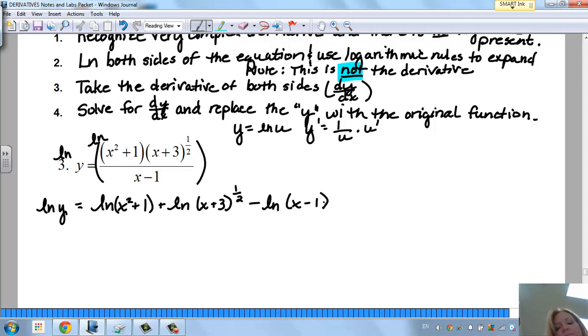Now, once I natural log both sides, this is one of the natural log rules that you can use where you can pull it apart with addition and subtraction if I have multiplication and division. Then the last log rule is right here.